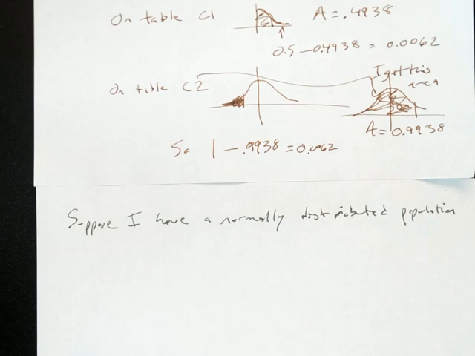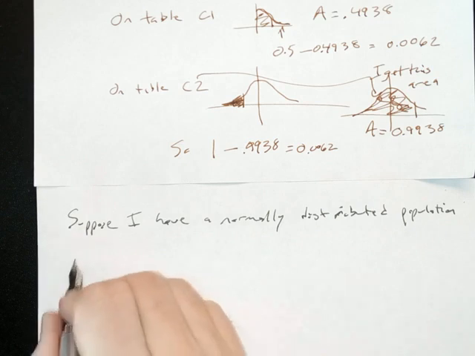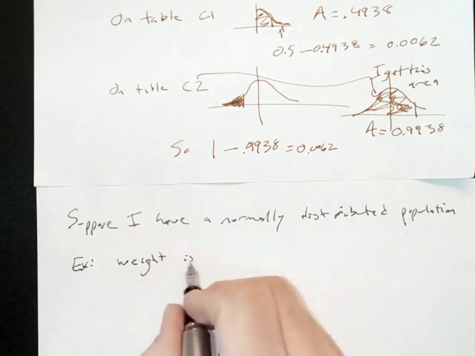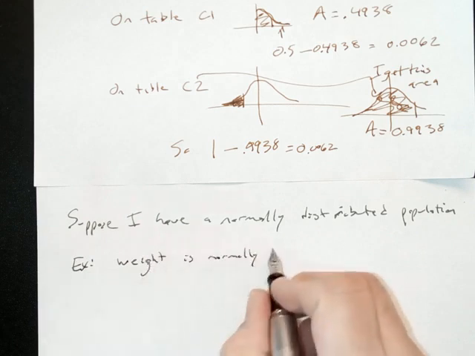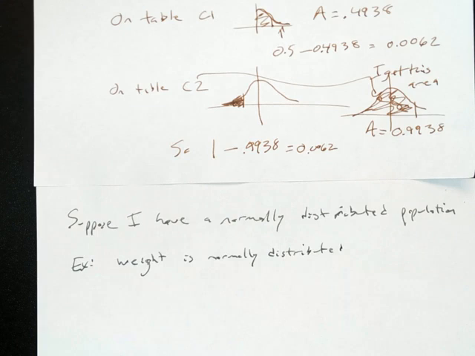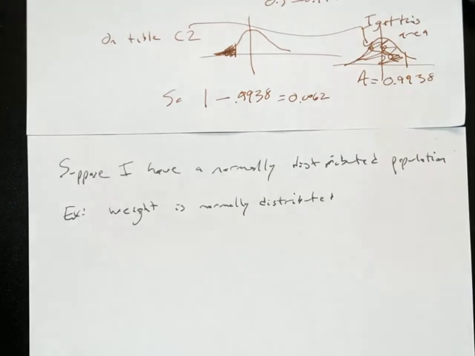This sounds very vacuous. Let me nail this down to an exact example. Let's do weight. Weight is normally distributed. Now, I am going to make some numbers up out of thin air because I do not have a nutrition and dietetics person in the room to tell me about averages and standard deviations for weights, so I'm making it up.